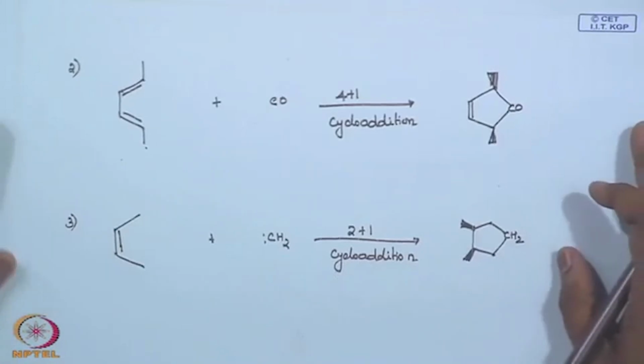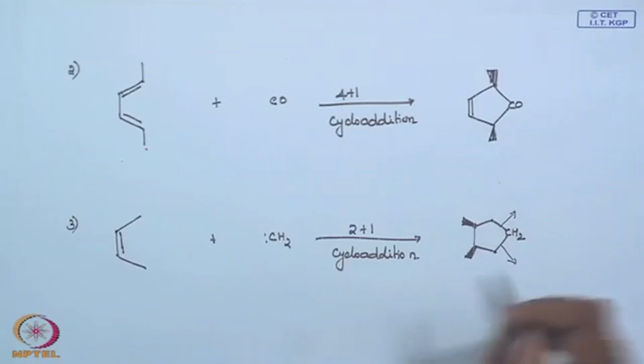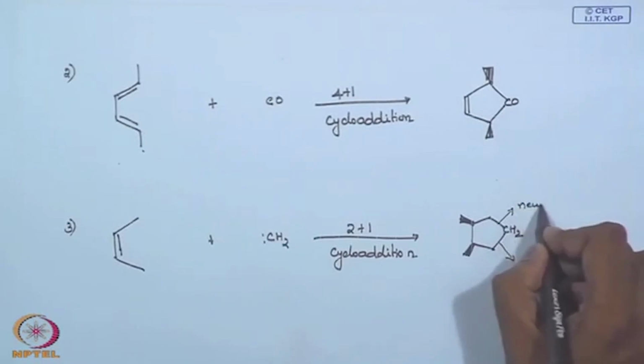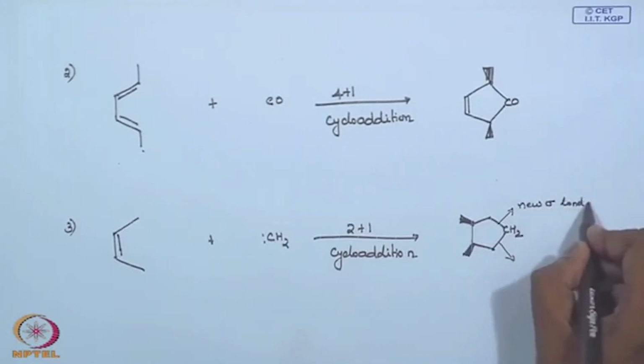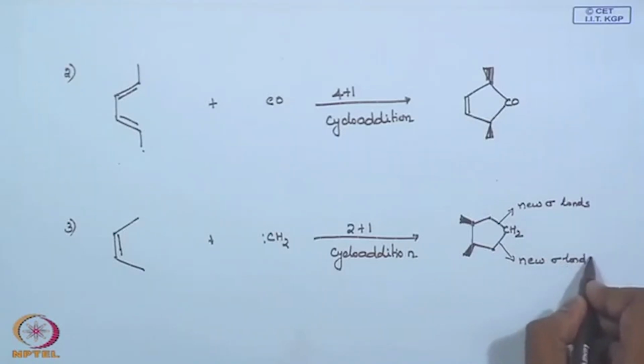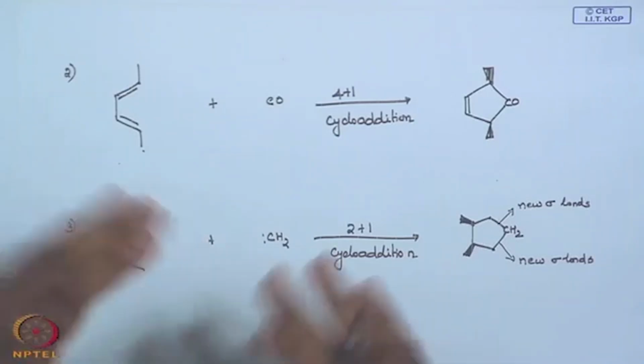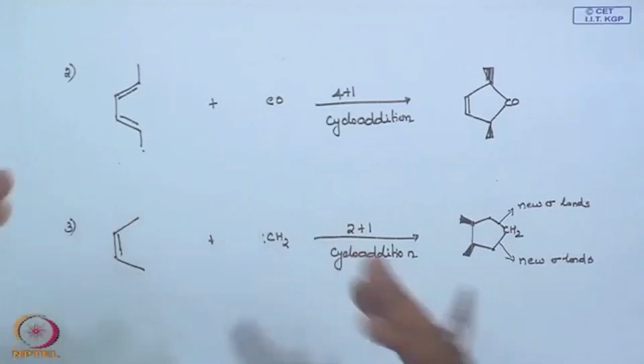So this type of reaction, where you get two new sigma bonds on the same atom, you call this a chelotropic reaction, and this falls under the head of formation, that is cycloaddition reaction. There are other reactions also.